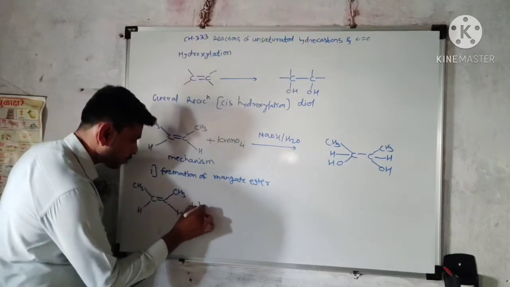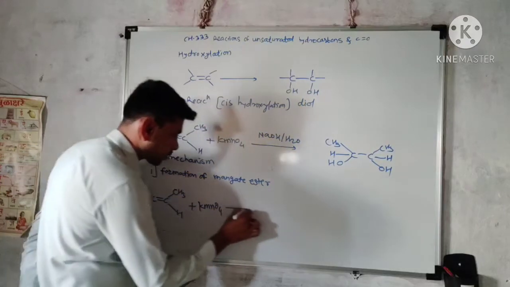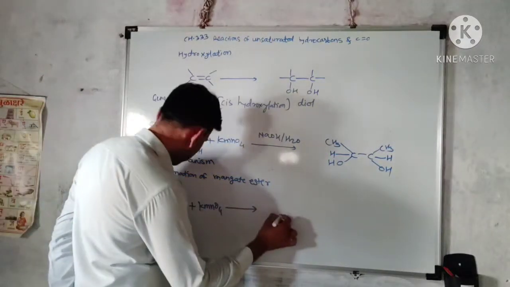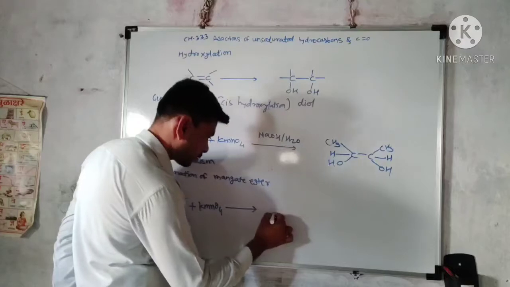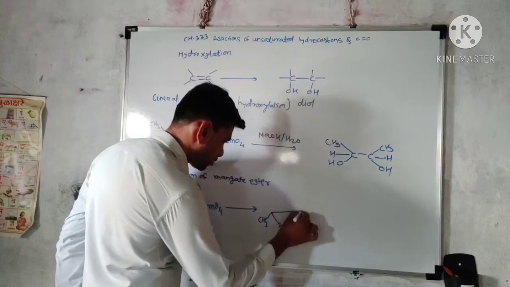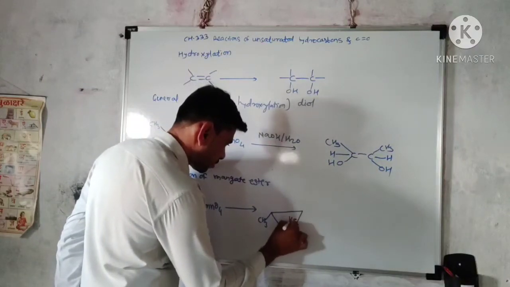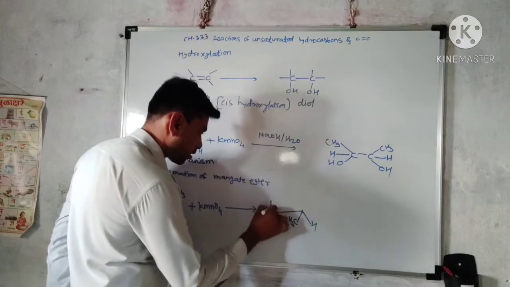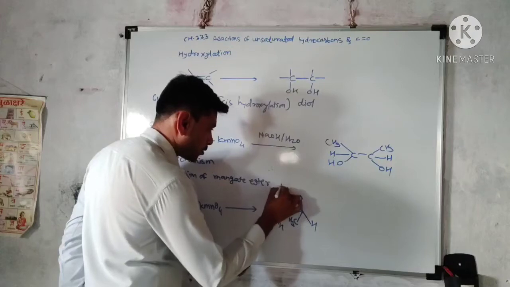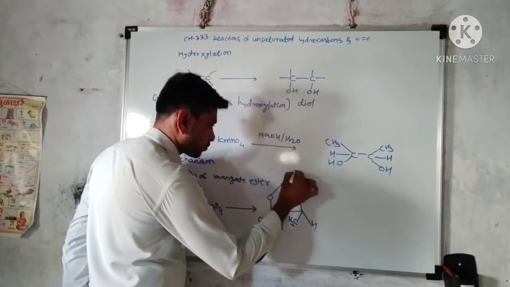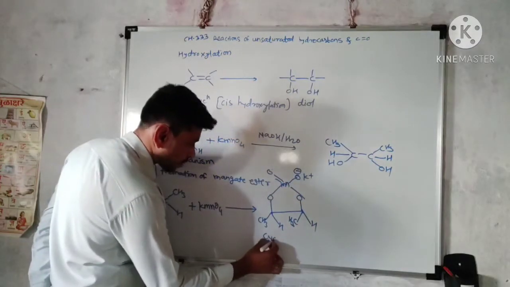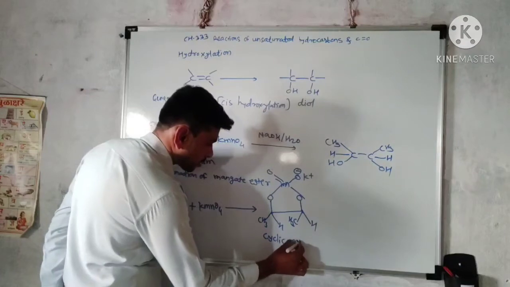When we add KMnO4, there is formation of a cyclic intermediate. Here CH3, H, CH3, H, and this KMnO4 adds here, O, then Mn double bond O. So this cyclic manganate ester formation takes place.